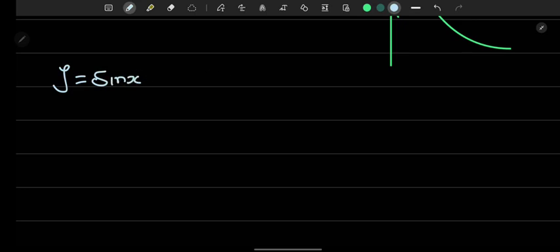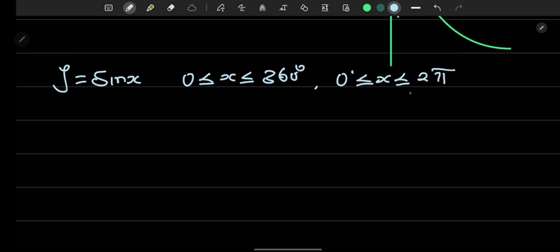For this sine, the domain is the set of real numbers. For the case of this tutorial, I will only consider the domain to be from 0 degrees to 360 degrees, and of course this is equivalent to 0 less than or equal to x less than or equal to 2 pi. So one is in degrees and the other one is in radians. Okay, so this is the domain for sine x.